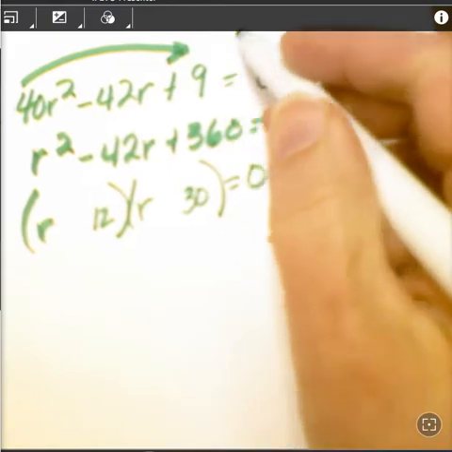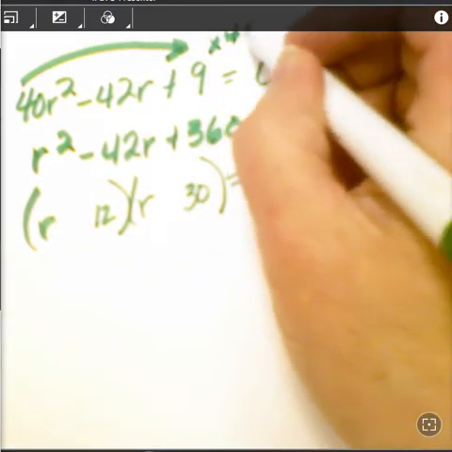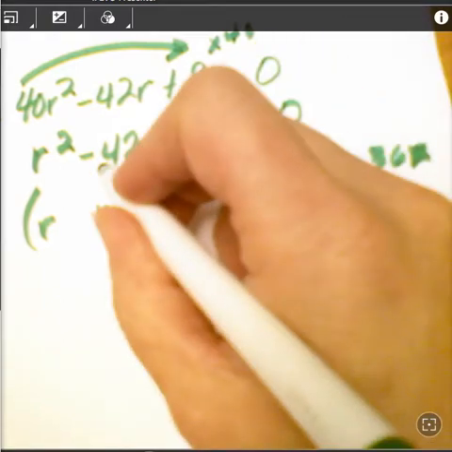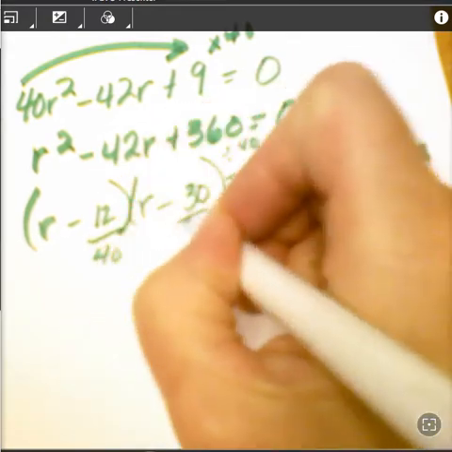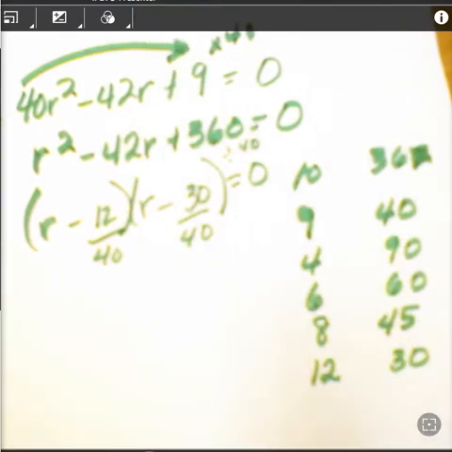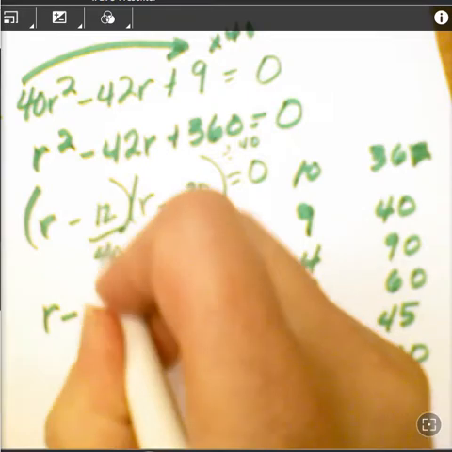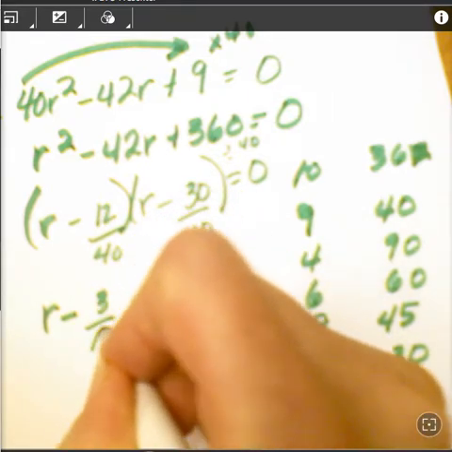Now we have to remember, because we multiplied by 40 right here, I have to divide by 40. Well, this tells me signs are the same. This tells me they're both subtraction. So I'm going to divide both of these by 40. And now I'm going to reduce my fractions. So I get r minus what goes into both 12 and 40. 4 does. 3 over 10.